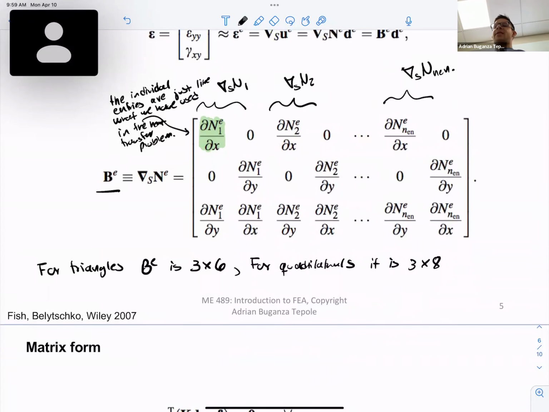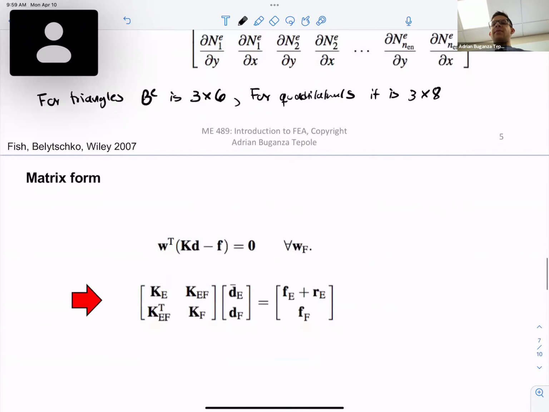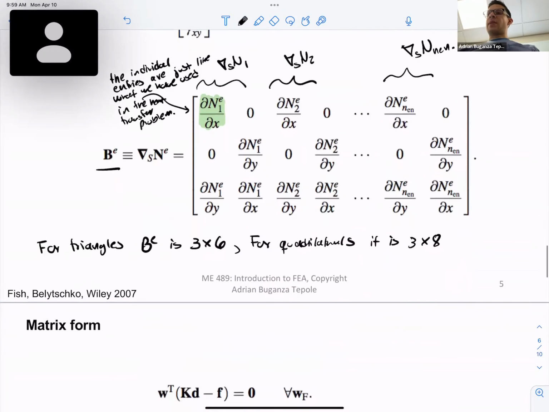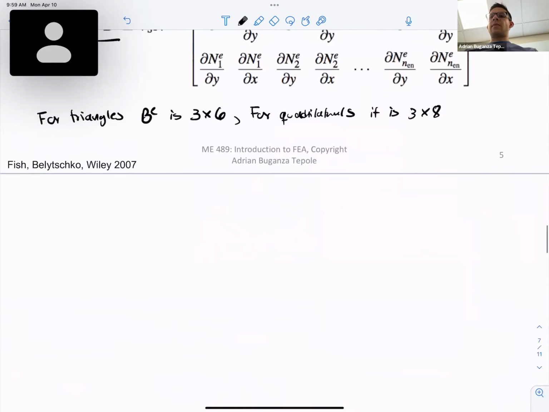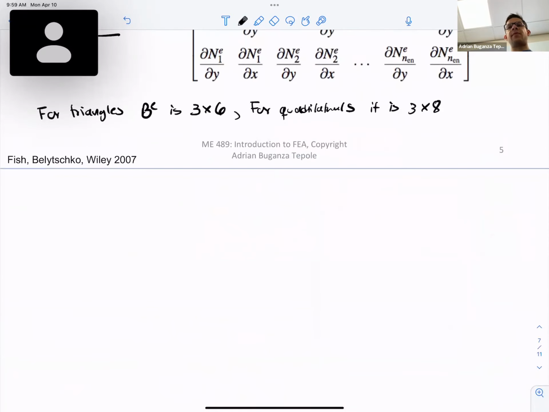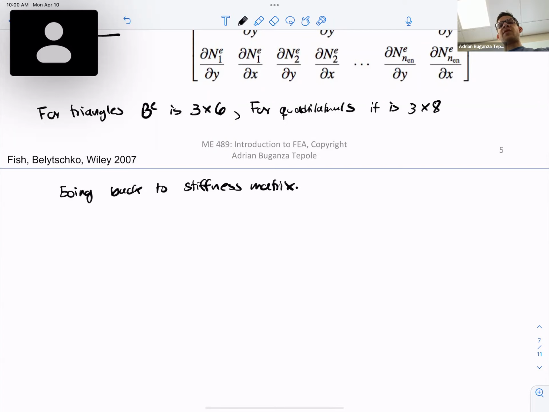Given the B matrix, like I said, the stiffness matrix is what I had said before.